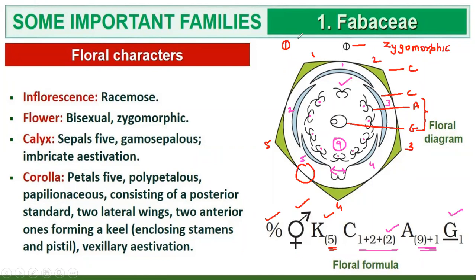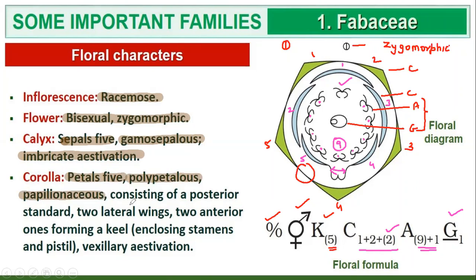When I study the structure, I will say that the inflorescence of Fabaceae is racemose. Flower bisexual, zygomorphic. Calyx has 5 sepals, called gamosepalous, which means they are fused together. It shows imbricate aestivation. Corolla, 5 petals are present. It is polypetalous, all the petals are free.